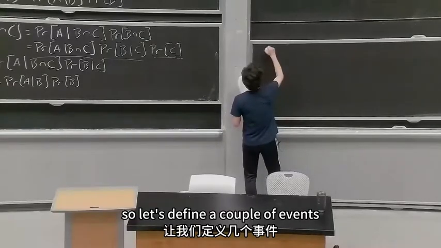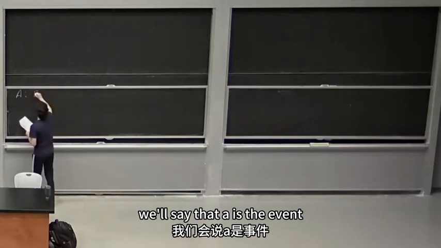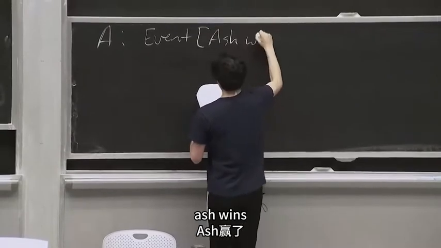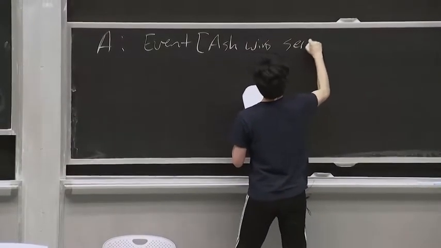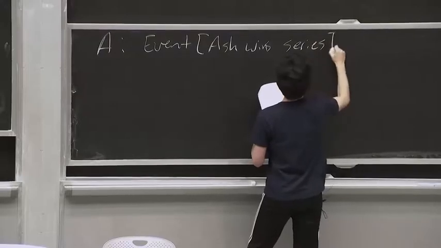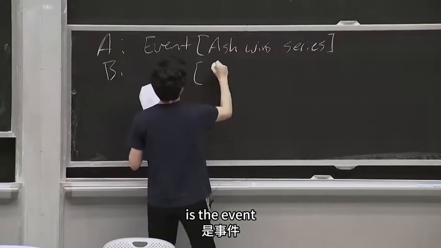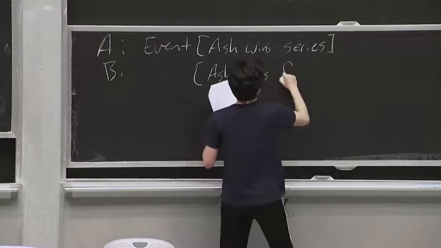So let's define a couple of events. We'll say that A is the event Ash wins the series, and B is the event Ash wins the first battle.